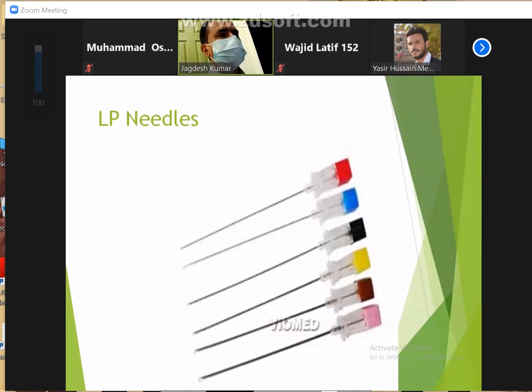The wide bore will have a small number, like 14, 16, 18 will be wide bore, and like 22, 24 will be small bore. So the small bores are used in small subjects or thin people, and wide bore in adults. Wide bore has some complications, like leakage of the CSF leading to headache, so that should be avoided.